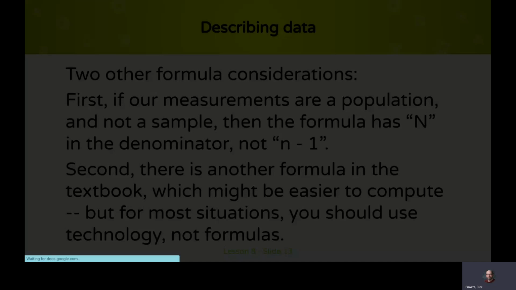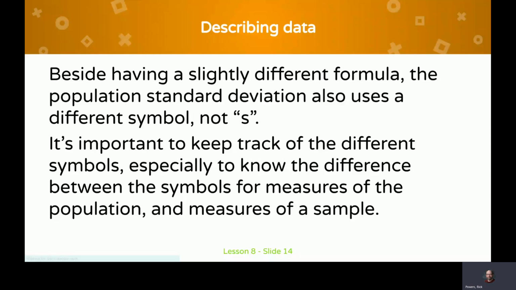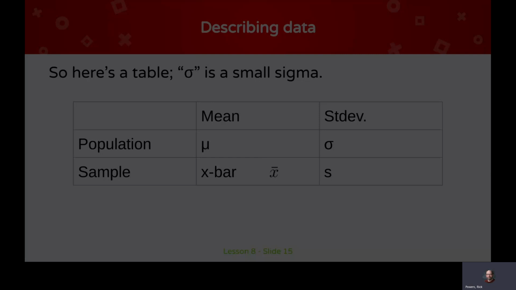Besides having a slightly different formula, the population standard deviation also uses a different symbol, not small s. It's important to keep track of the different symbols, especially to know the difference between the symbols for measures of the population and measures of a sample. So here's a table.